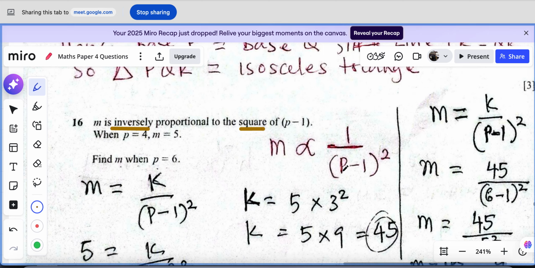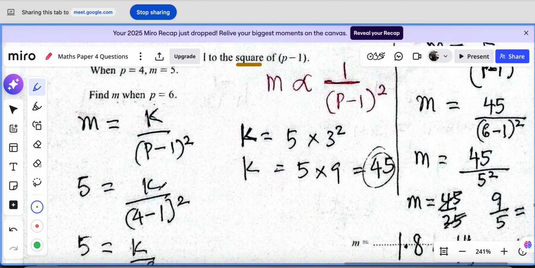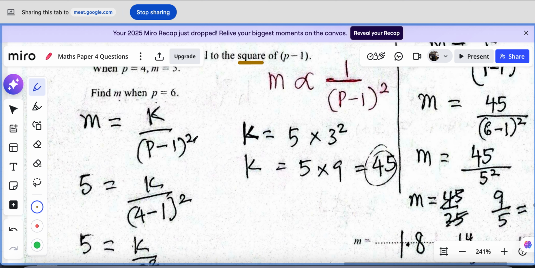Then you remove the symbol of variation and put the constant of variation k. So m equal to k times 1, which is k over p minus 1 squared.